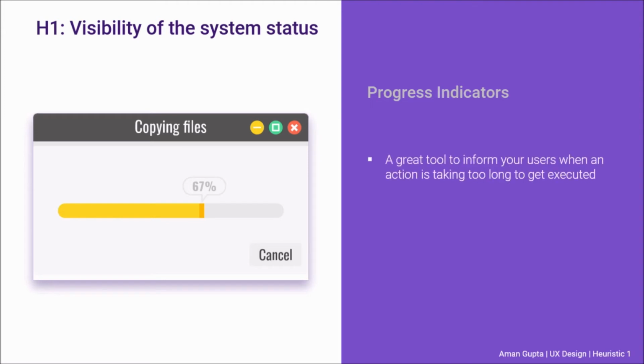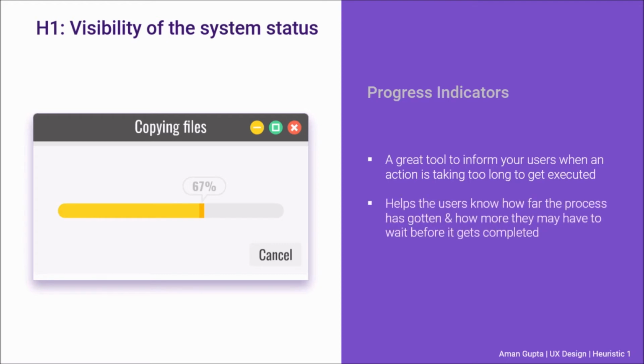That's why showing progress indicators can be a great tool to inform your users when an action is taking too long to get executed. Showing a progress indicator helps the users to know how much of the process is done and how much more they may have to wait before it gets completed.